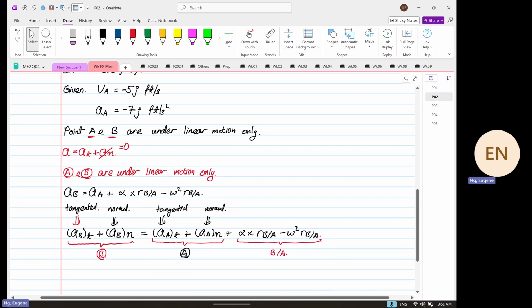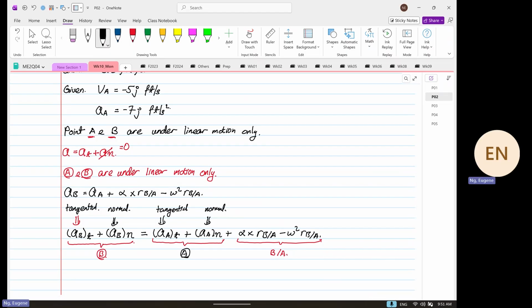Now, you only have normal acceleration when you have what? Angular motion.